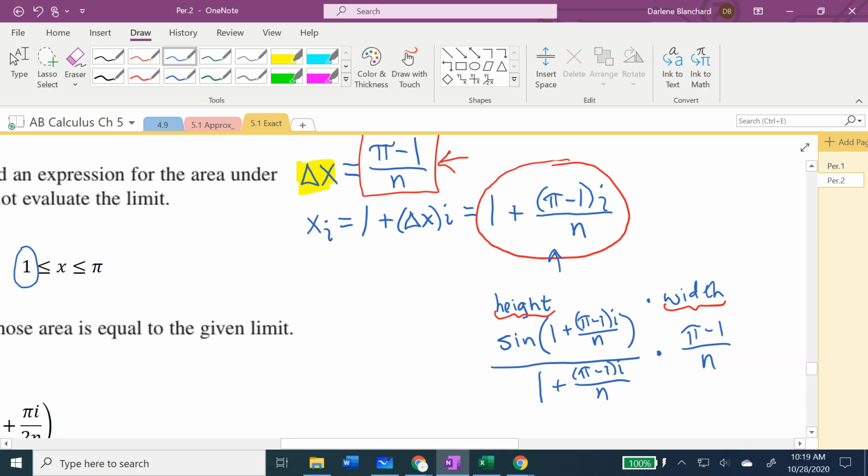And realize that that formula is the formula to find the area of rectangle number i of n. There are n rectangles, and this is finding the area of the ith rectangle out of all n of them. I need to add all of them together, and sigma is the one who will do that. So this big, massive mess is going into my sigma.